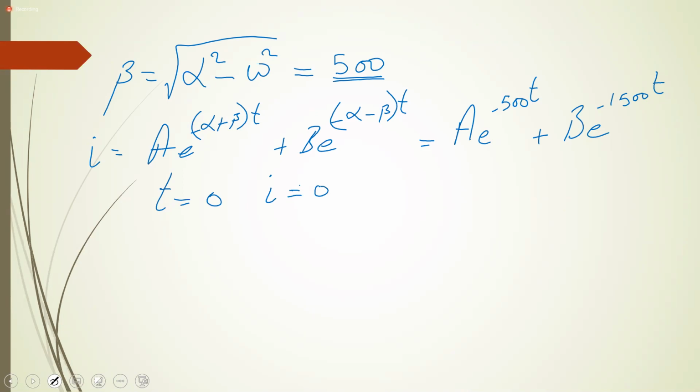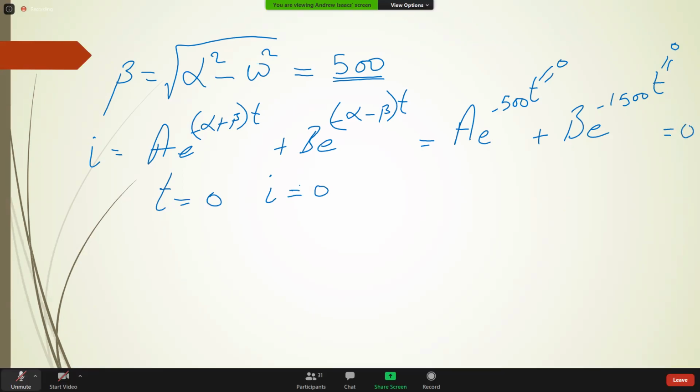So at the point of closing, we know that i(0 minus) is equal to i(0 plus) is equal to 0. So we substitute t equals 0 here, and we know that all of that must be equal to 0.